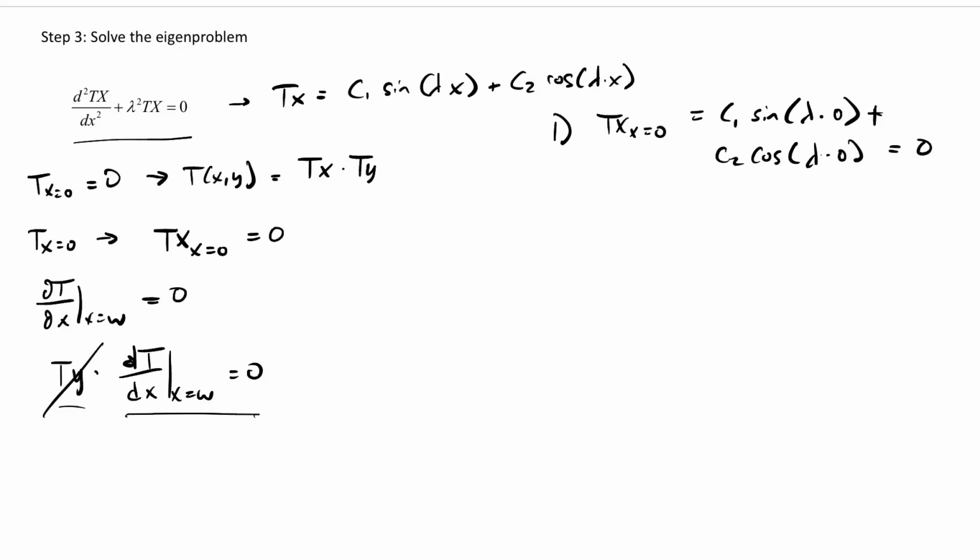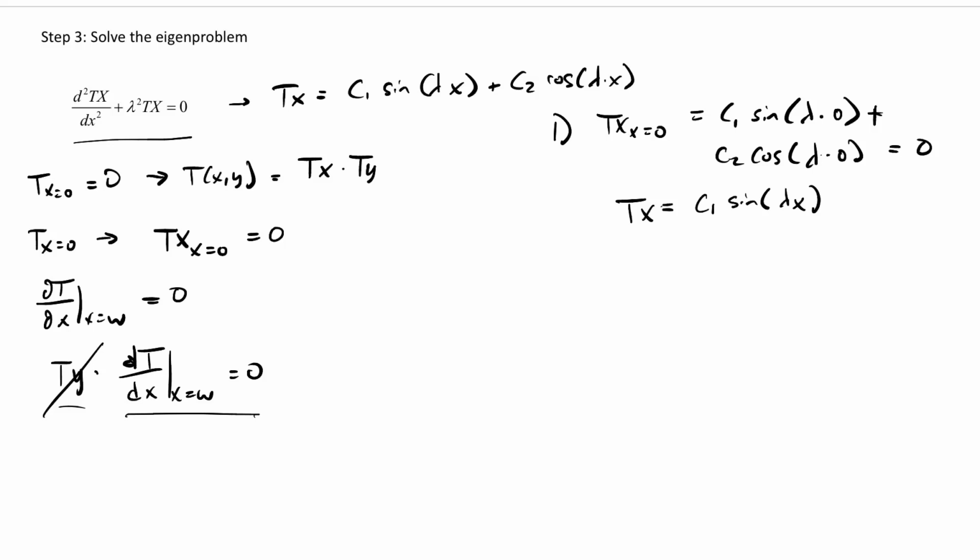This cancels out c2 because cosine of 0 is 1, so that equals 0. So we end up saying c1 times sine of lambda x. This is our progress here. We've canceled out the second term because of that boundary condition.